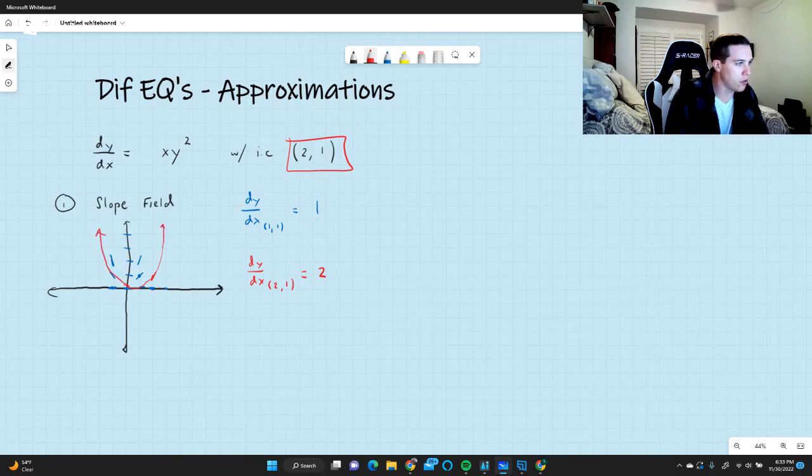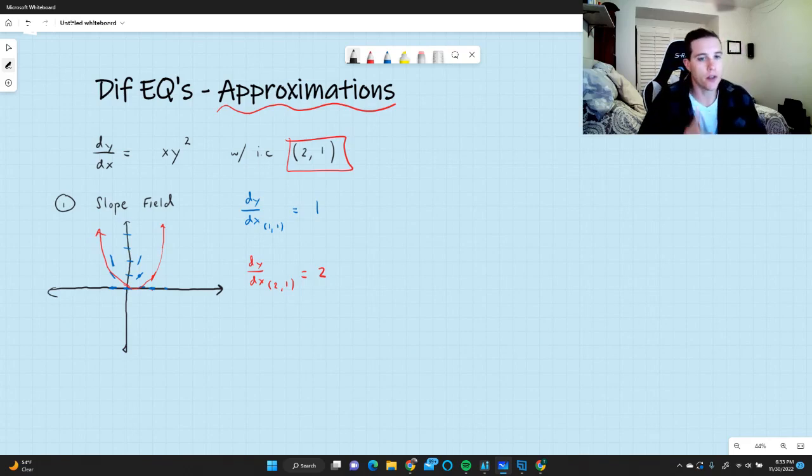And as long as you don't go horribly against the flow of your slope field, you are correct, because this is just an approximation. Remember, these are approximation strategies. So this is called a slope field. You plug into the derivative and graph sections of the slope based on what you get from the derivative. Okay, that's the first one.